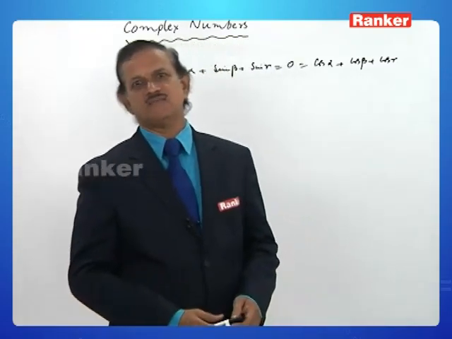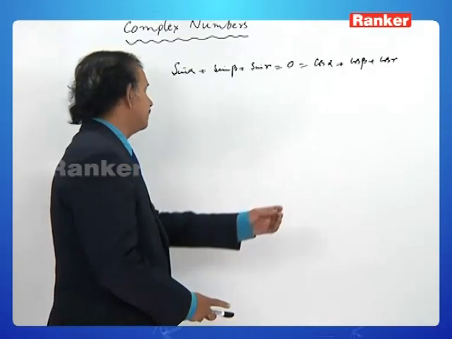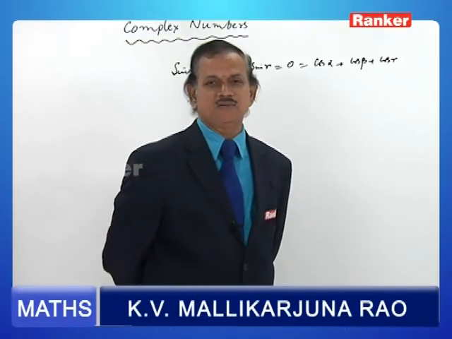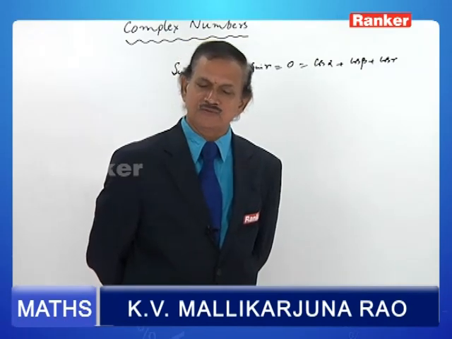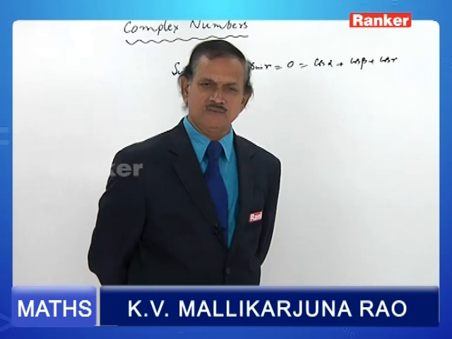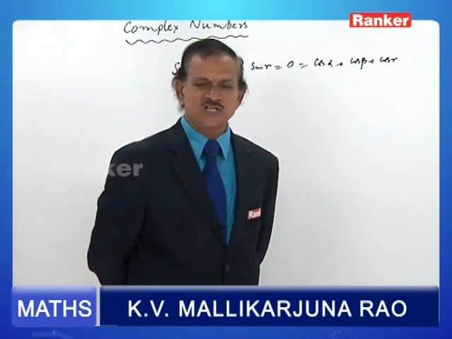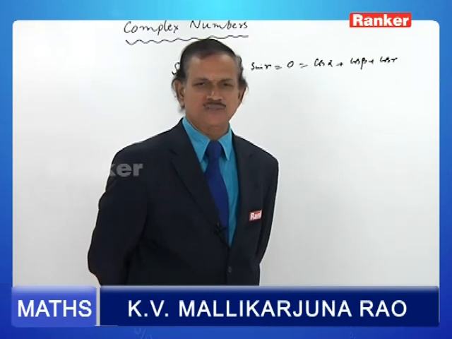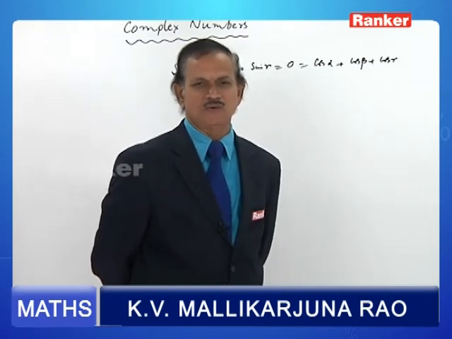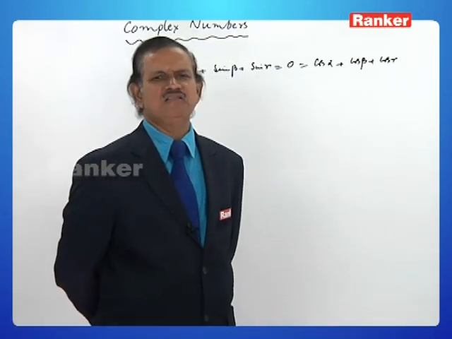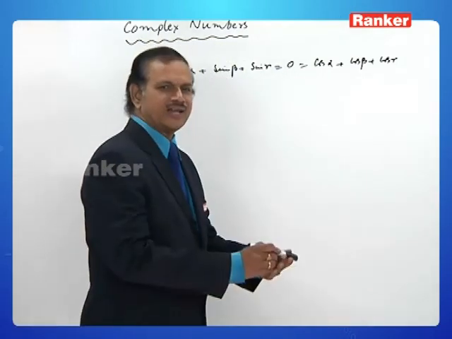Out of them, cos of alpha plus beta plus cos of beta plus gamma plus cos of gamma plus alpha is equal to 0. Sin of alpha plus beta plus sin of beta plus gamma plus sin of gamma plus alpha is equal to 0. Cos 2 alpha plus cos 2 beta plus cos 2 gamma is equal to 0. Sin 2 alpha plus sin 2 beta plus sin 2 gamma is equal to 0. Sin square alpha plus cos square, like that, so many things you can have.